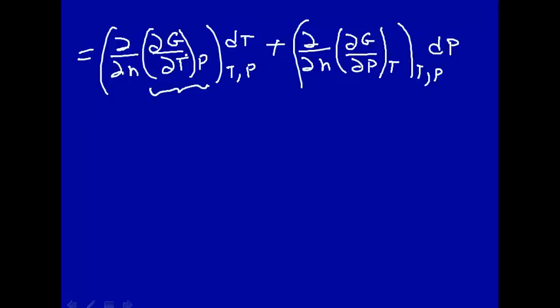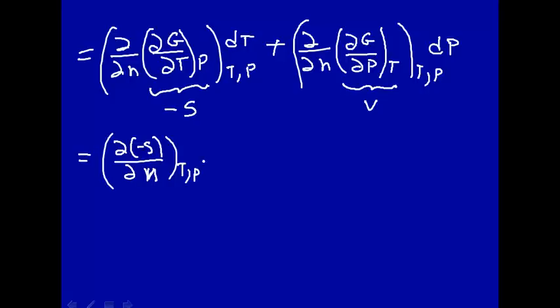Now, how G changes with temperature at constant pressure, remember from a previous lecture, that's minus the entropy. And how G changes with pressure at constant temperature is equal to volume. So we can rewrite this as how minus S changes with the number of moles N at constant temperature and pressure times dT, plus how volume changes with number of moles at constant temperature and pressure times dP.